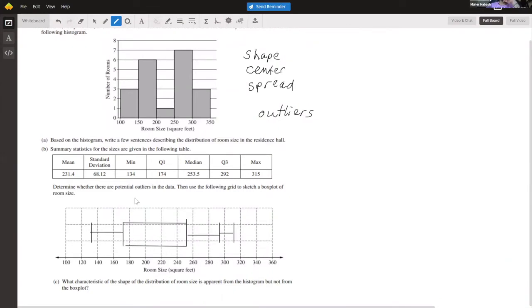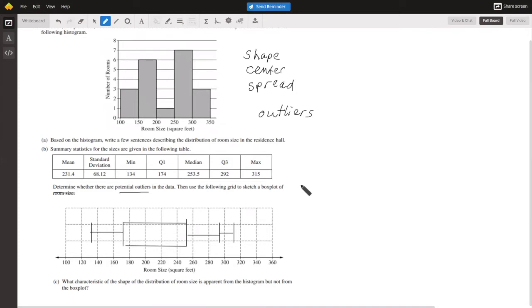Oh wait, we also forgot one part here, the determination. We can't really determine from here if there, I mean, we can see if we think there are outliers here, but if it asks us to determine if there are potential outliers, we have a specific process. You guys remember what we have to do there?